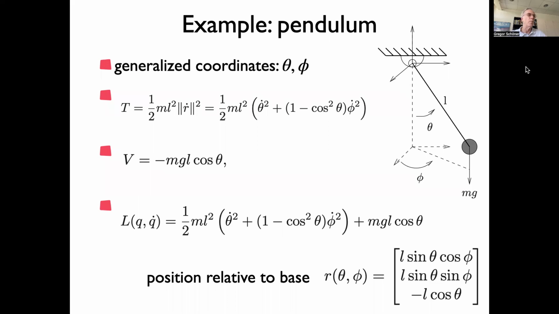When it's up here, that will be 1, and if it's hanging down, then you have the lowest potential energy because it's lowest in the gravitational field. So these are relatively easy to derive. I didn't do a very clean job now, but you could certainly figure out, just computing with these variables, what any velocity of this mass squared is, and the potential energy likewise.